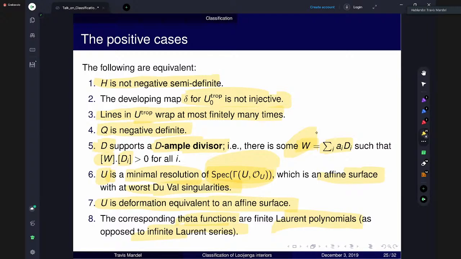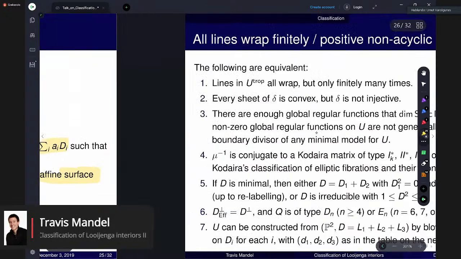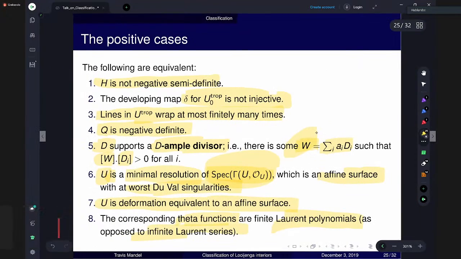So now I'm going to refine these positive cases even further. So Travis, I think people are too tired. I think at this point, maybe we should just summarize this course classification before. I think people are not going to be able to follow. But I think they should be able to take away these 3 cases and how they're really different from each other.